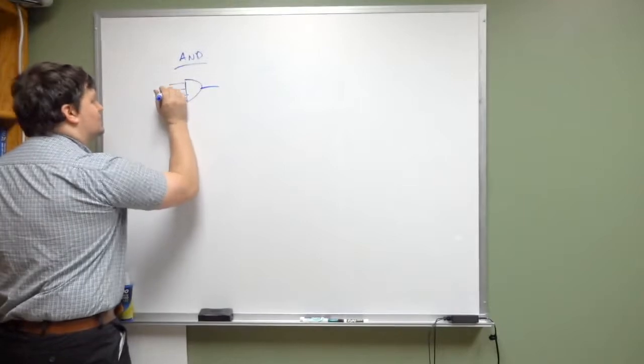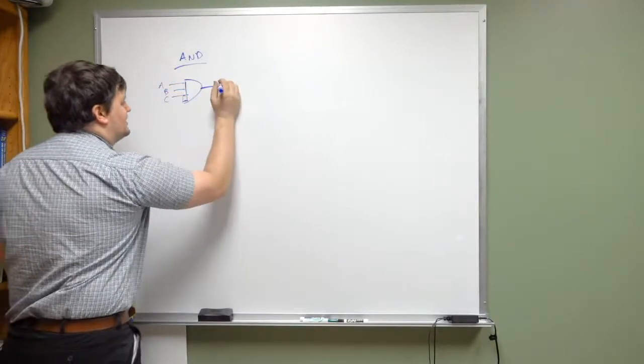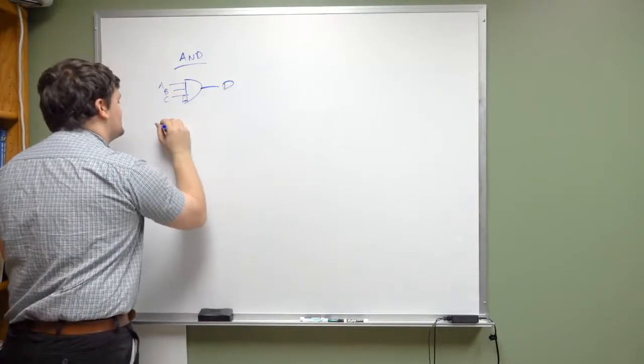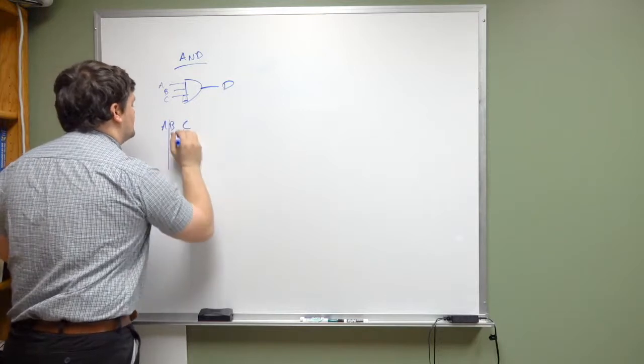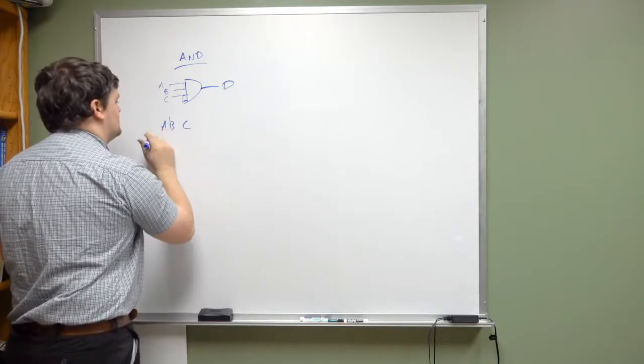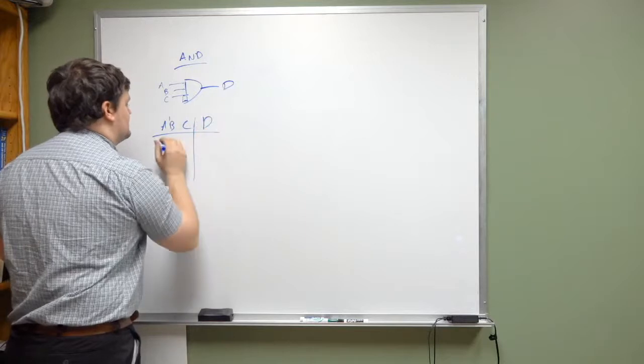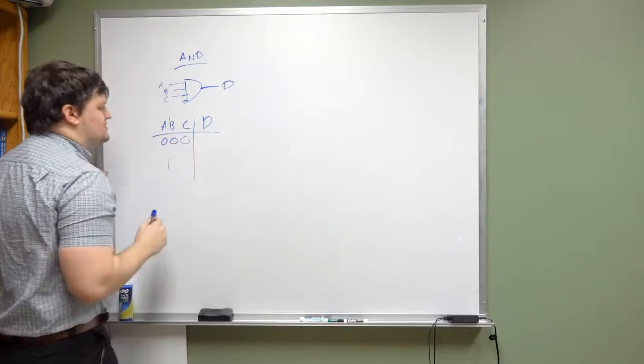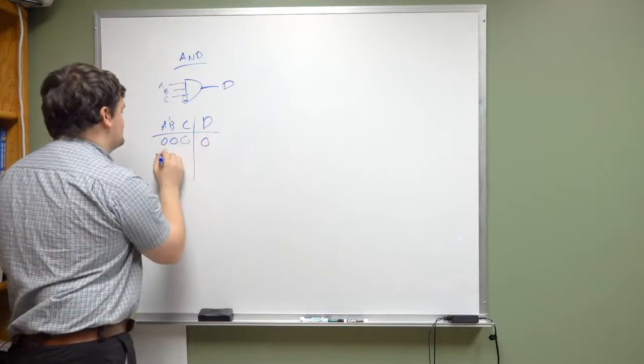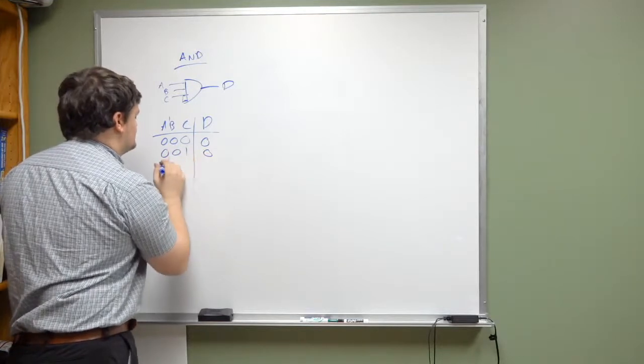So here I've got A, B, C, and then here's D. And if we're going to create a truth table for this, we've got our ABC and our D. If all of these come in at false, this is going to come in at false. This one comes in at true, it's going to be false.